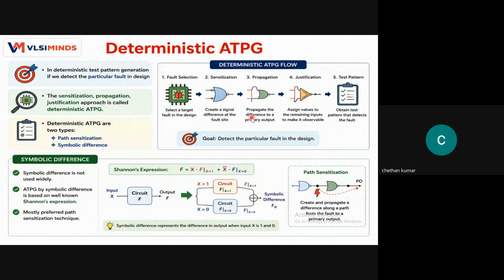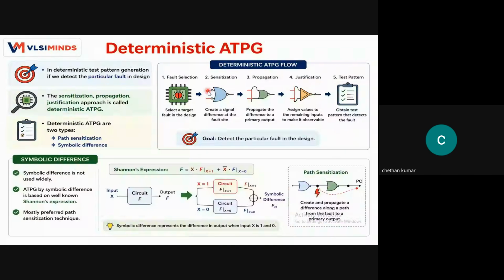To do this, it follows a method called sensitization. Sensitization means I need to make sure that this fault gets sensitized, meaning activated. Then the fault should propagate, meaning I should make sure the fault can be observed at the output.